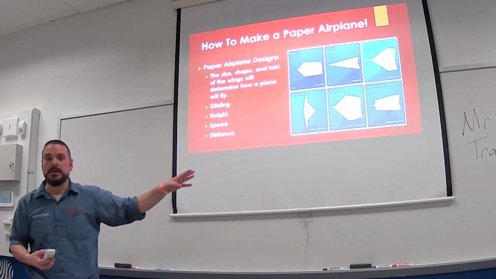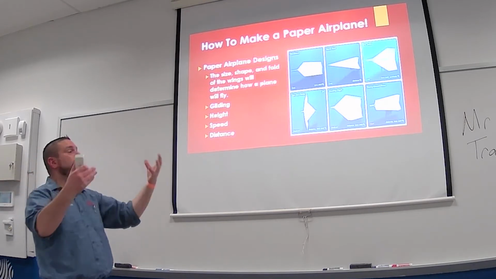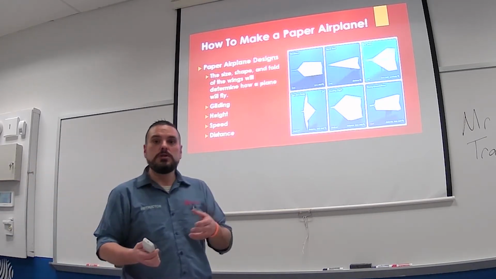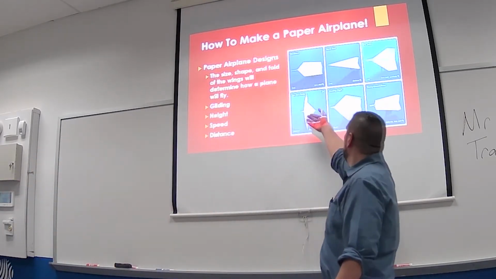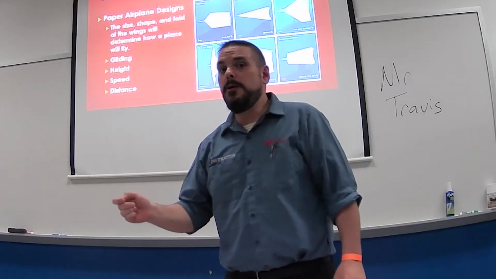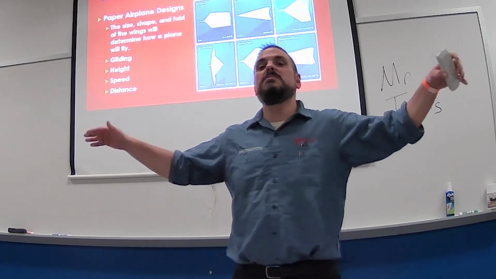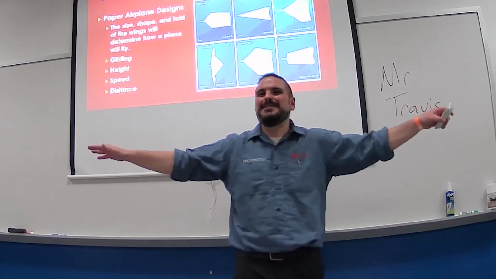Now, the different styles. As I mentioned, the size, the shape, the fold of the wings is ultimately what will make it fly. And depending on how we design our paper airplane, it's going to be able to glide through the air like a majestic bird.